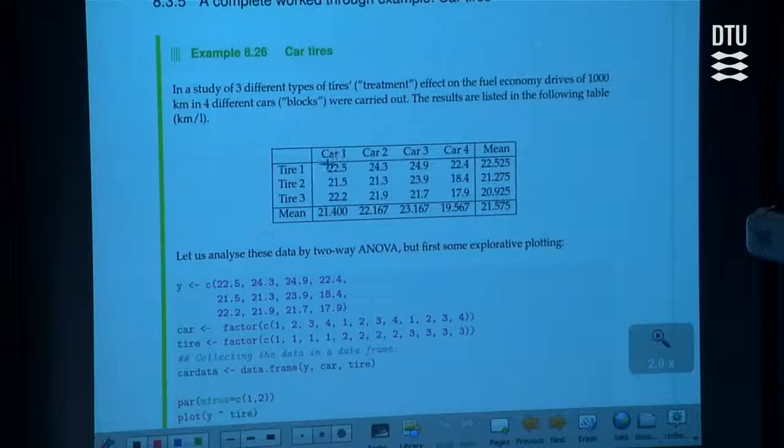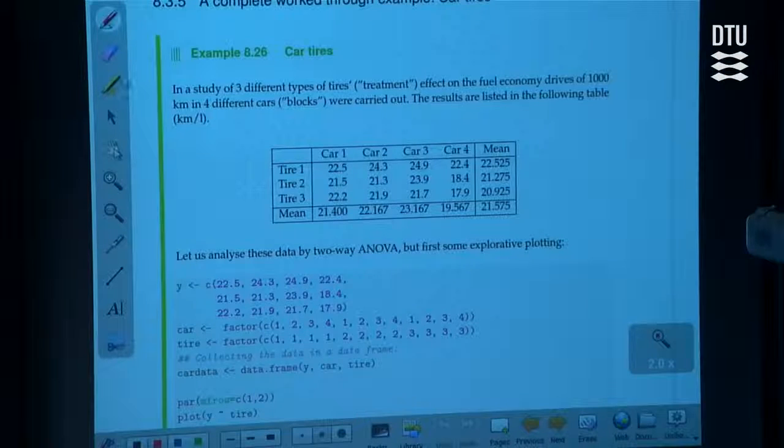So there are 3 by 4 numbers, and the means are already given to us here. Here we see how we are putting it into R. This is just the column of Y's, 4, 4, 4. The car factor: note how it's important, as a repetition from last time, to let R know that the coding 1, 2, 3, 4, 1, 2, 3, 4 codes for cars, right?